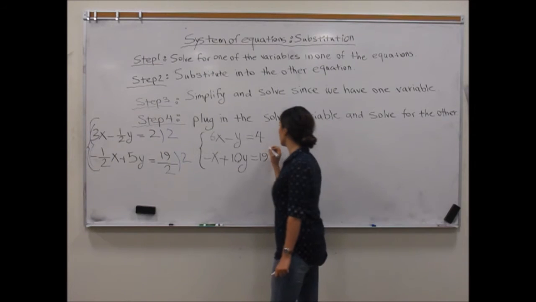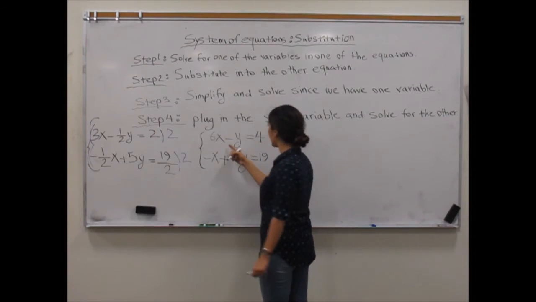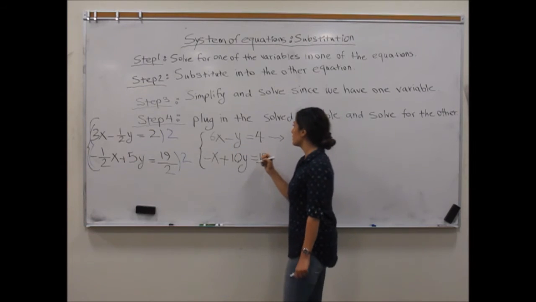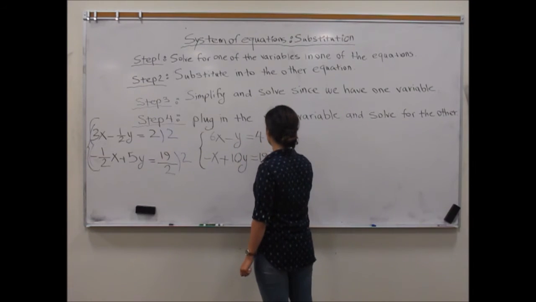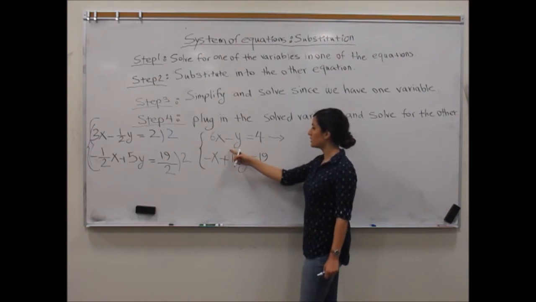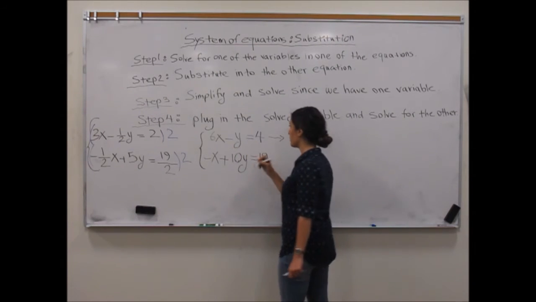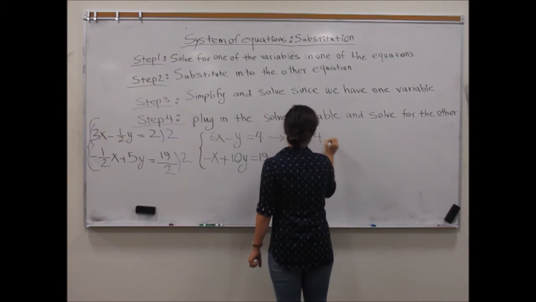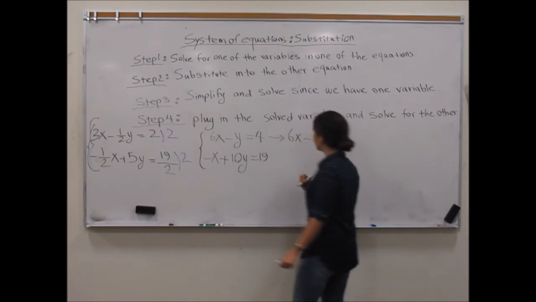It doesn't really matter which one you choose, but I think it's easier because the coefficient of this one is just negative 1. So plus y on both sides, and then minus 4 for both sides. So I'm going to have 6x minus 4 equal y.